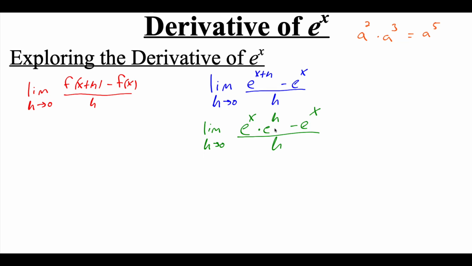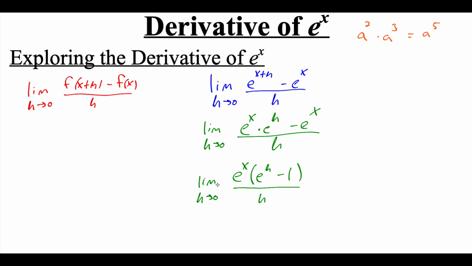Now what I'm going to be able to do on top is that both of my terms have e to the x in them, so I'm going to factor e to the x out. This is going to say e to the x times e to the h minus 1 all over h, and again, we're still doing that limit as h is approaching 0.